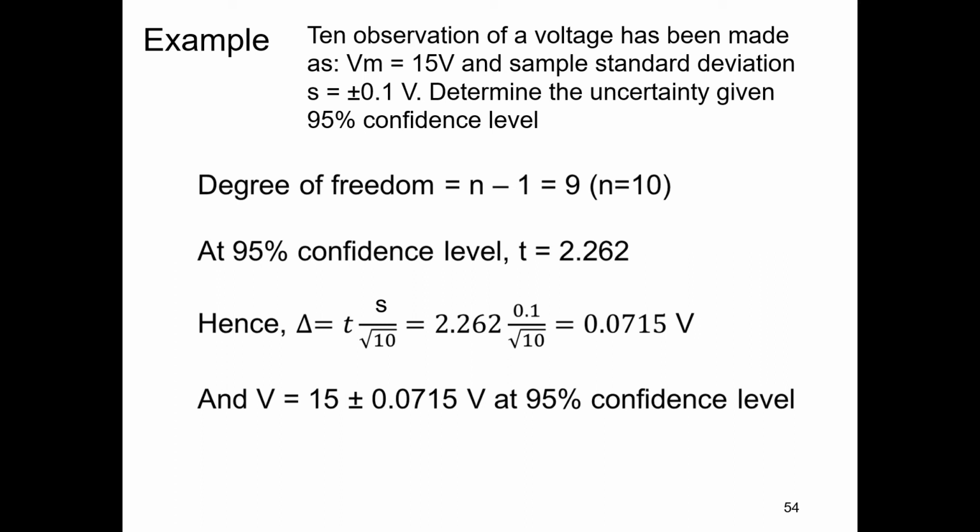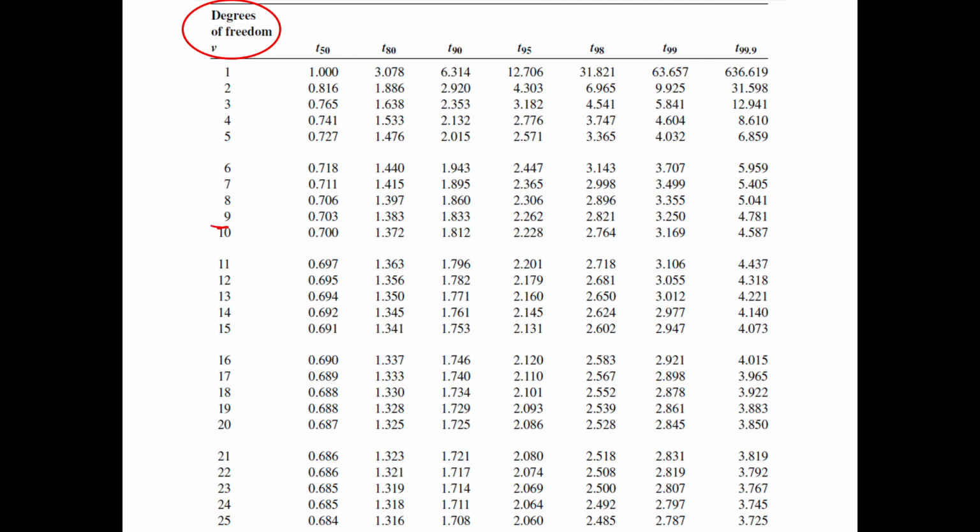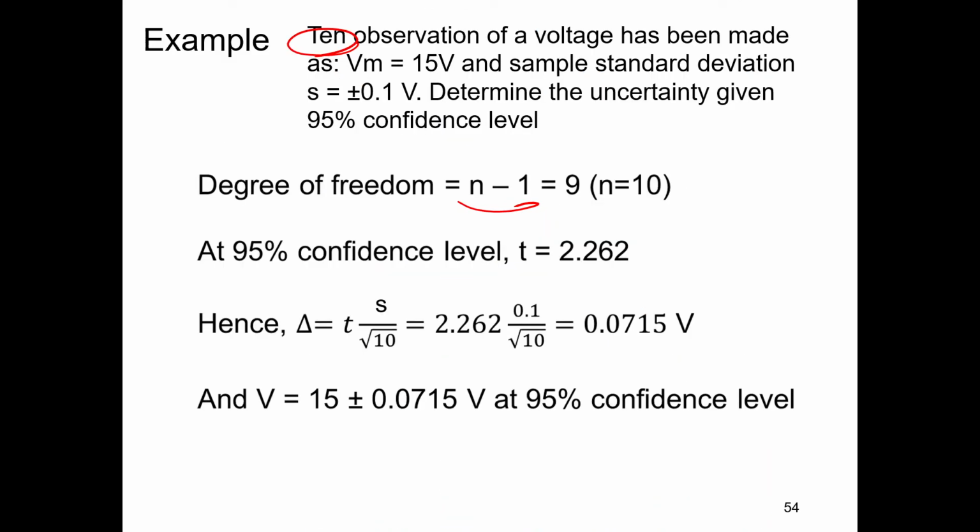We want to determine the uncertainty at the 95% confidence interval. The degree of freedom here is 9, because we have made 10 measurements, so 10 minus 1 is 9. With a confidence interval of 95%, your t-score is going to be 2.62.